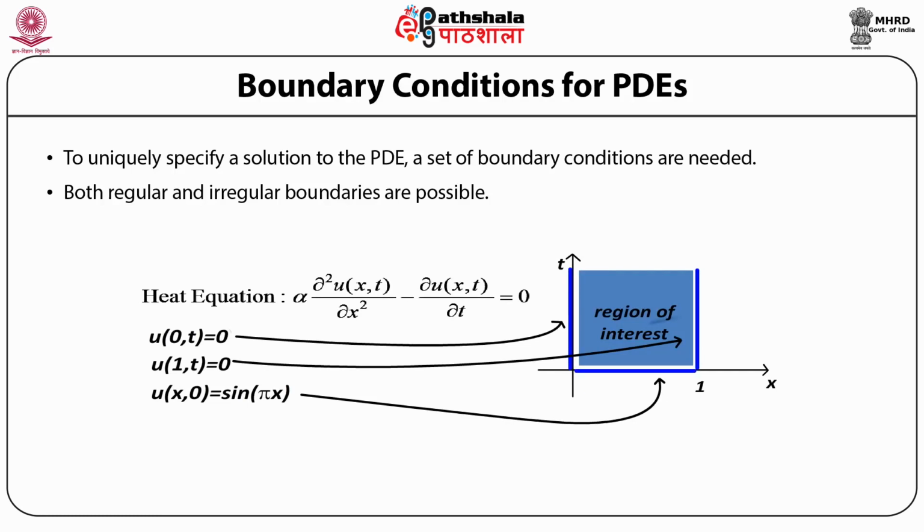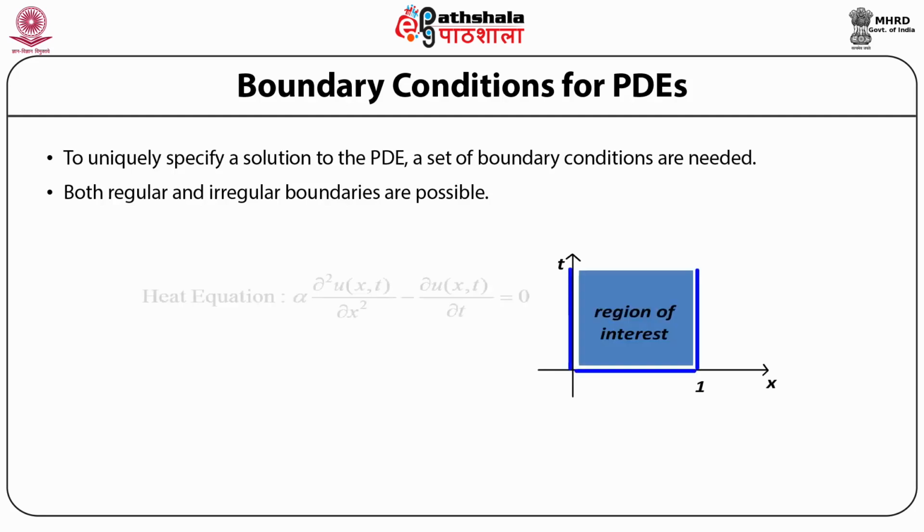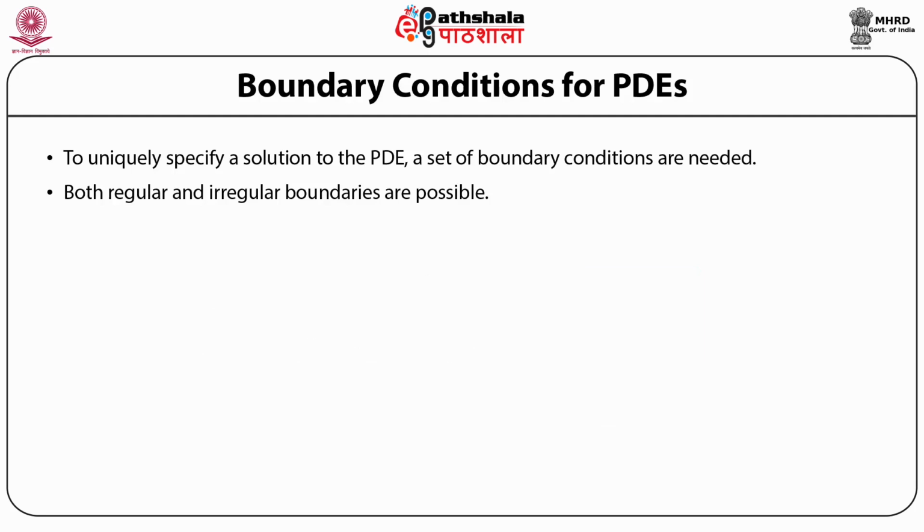Now if you talk about x with respect to time, over an extended period, the first two, u of 0 comma t and u of 1 comma t, are called boundary conditions. In total, all three can be called boundary conditions, but if time t is equal to 0, then it's called the initial condition.